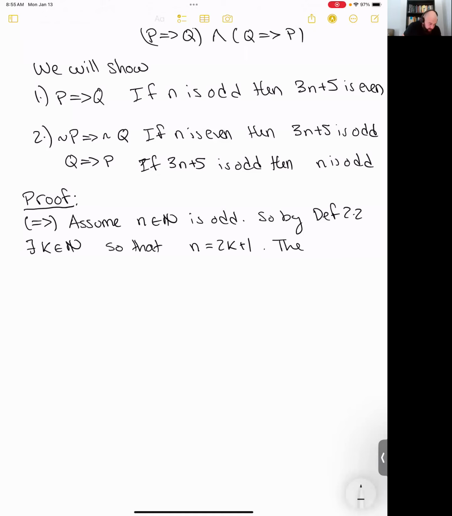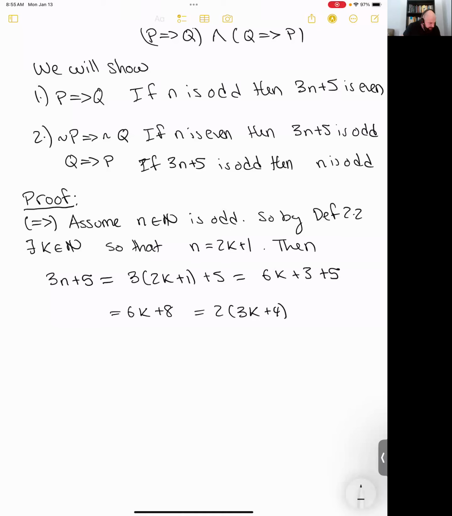So then 3n plus 5 is equal to 3 times (2k plus 1) plus 5. We get 6k plus 3 plus 5, which is 6k plus 8. And we need to write it as 2 times something. So that's 2 times (3k plus 4).